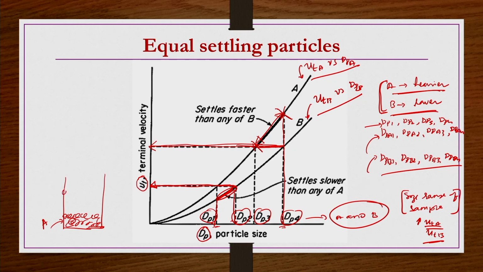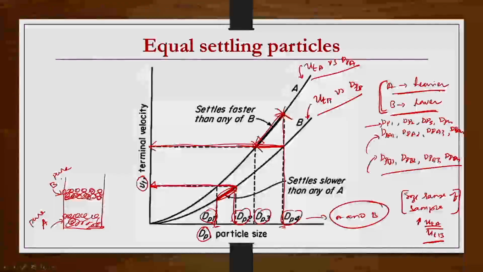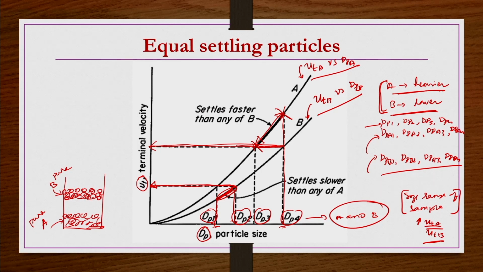So they may form a pure layer because their settling velocity is the lowest compared to all other material of A or B. So this is B. This is almost pure A, this is almost pure B.